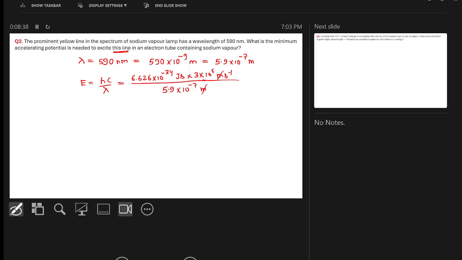The meter cancels out, the second cancels out. So we get something like 3.37 times 10 to the power minus 19 joule. This is almost it.